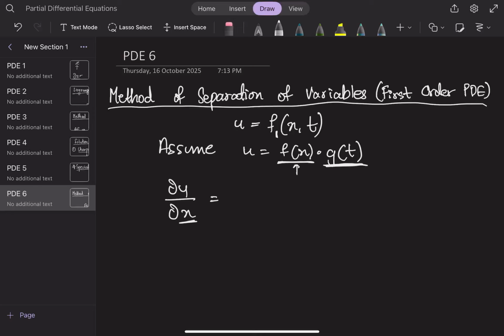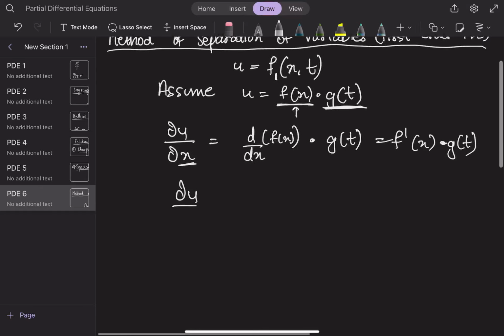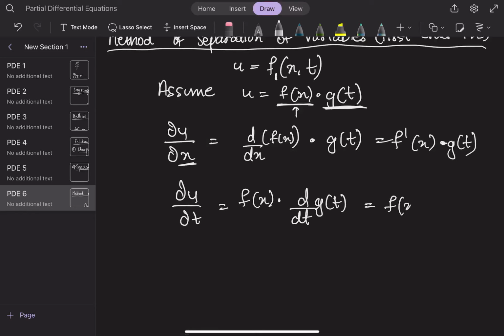So you can write this as d/dx of f(x) times g(t), or f'(x) times g(t). Similarly, when you find ∂u/∂t, it is f(x) times d/dt of g(t), which means f(x) multiplied by g'(t).